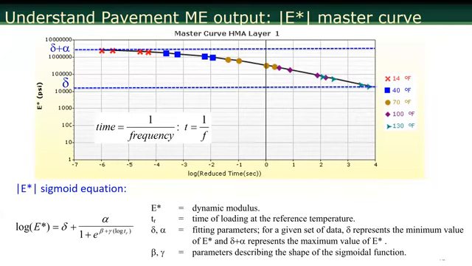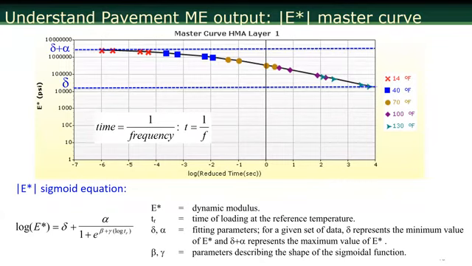If you look at the form of the equation, as the time goes to infinity in this direction, this term becomes infinity, and a number divided by infinity is 0, so this component goes to 0. Log E star corresponds to delta. So delta is nothing but the logarithm of the minimum possible modulus that an asphalt mixture can have. That's what delta means.